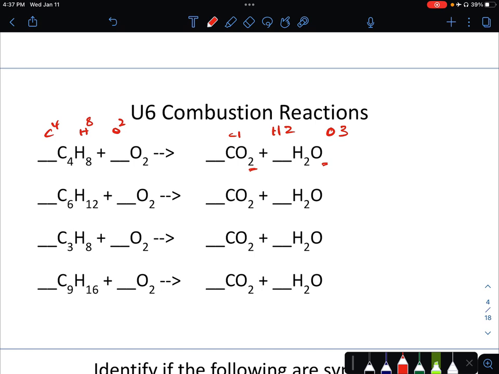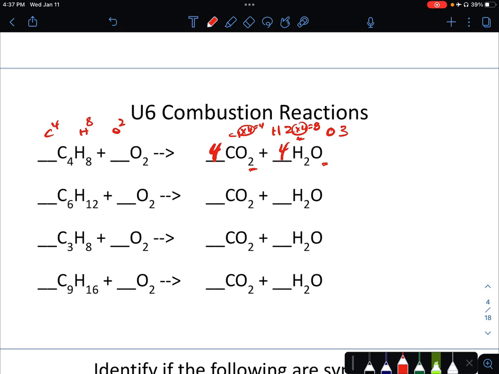I'm not going to mess with the oxygens at this point; don't even look at them in a combustion reaction. Carbon: 1 times 4 equals 4, so I put a 4 in front. Hydrogen: I have 2 and need 8, so times 4 equals 8. Remember, I put what I multiplied by in front.